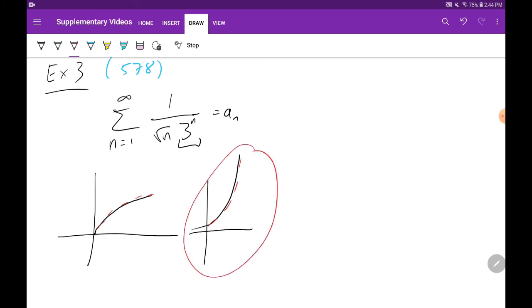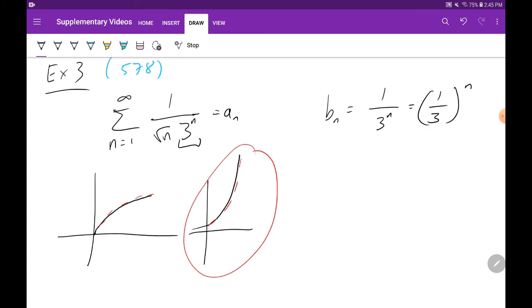So for my b sub n, I'm going to choose 1 over 3 to the n because one, it's the most influential behavior as n goes to infinity. And two, I know something about 1 over 3 to the n. I can rewrite this as (1/3) to the n.